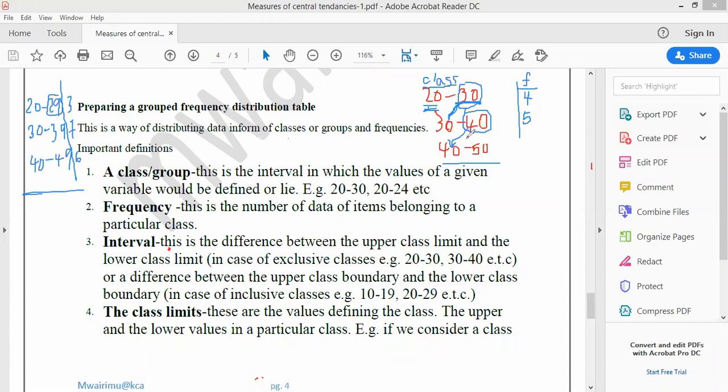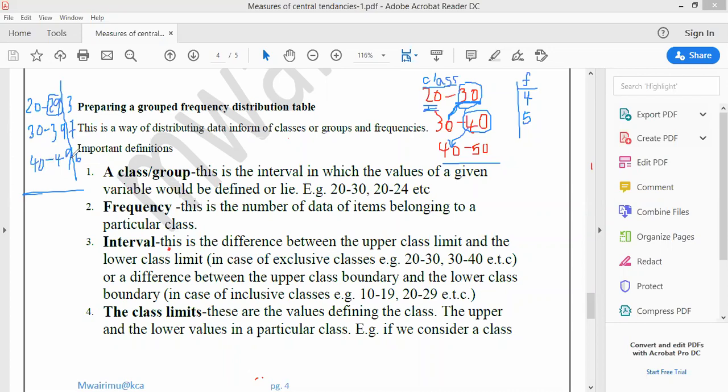And each and every class has what we call a lower limit as well as an upper limit. The same here: the value of 20, the lower limit, the value of 29, the upper limit. The value of 40 here, the lower limit, and the value of 49, the upper limit.